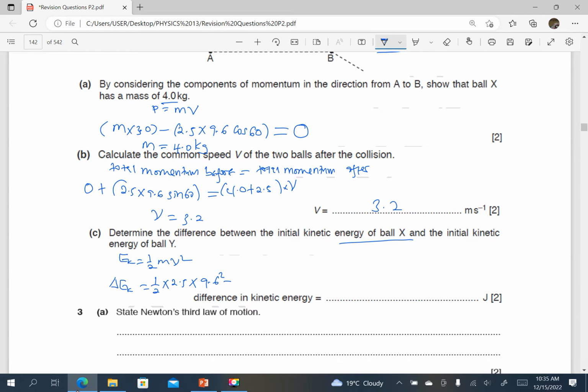Minus the one for ball X. This was for ball Y, minus for ball X, which is a half, times its mass, we have calculated it as 4.0, times its initial speed is 3.0 squared. Whichever you start with, you just need the differences, so you ignore the negative.